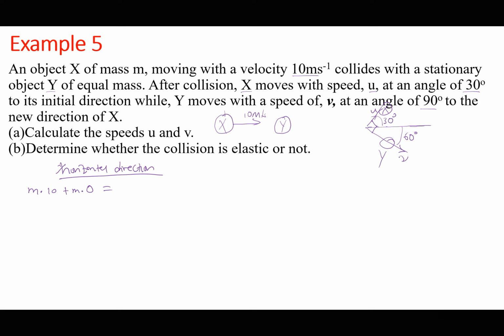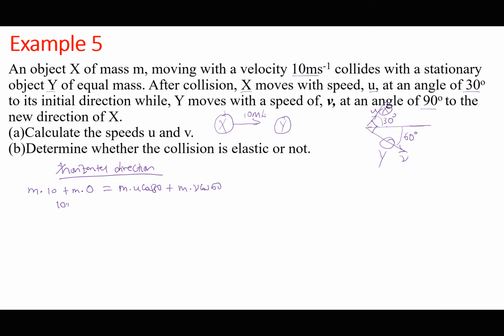So u in the horizontal will be u cos 30, and v in the horizontal will be v cos 60. So we have m times u cos 30 plus m, because they have the same mass, times v cos 60.